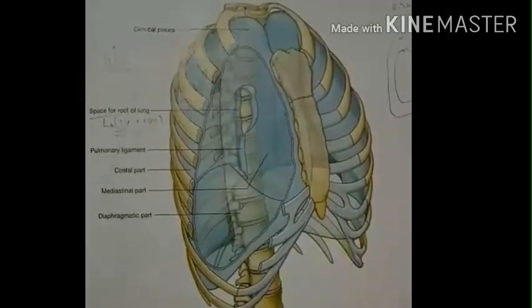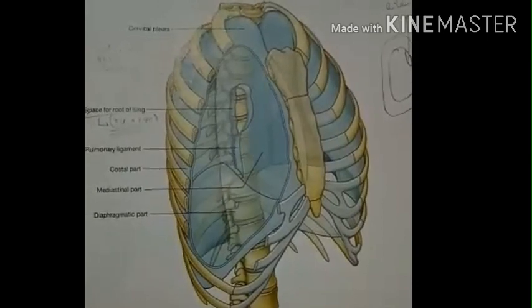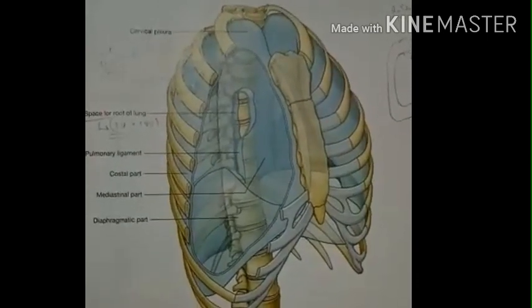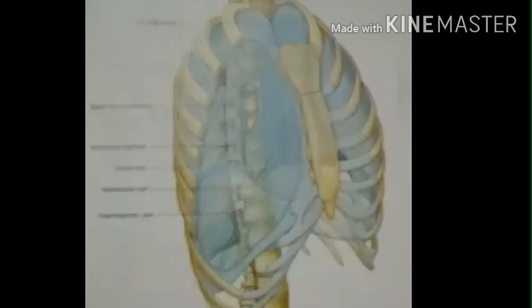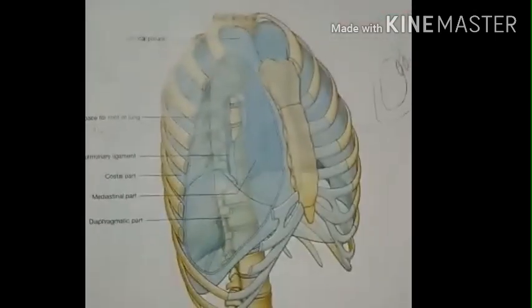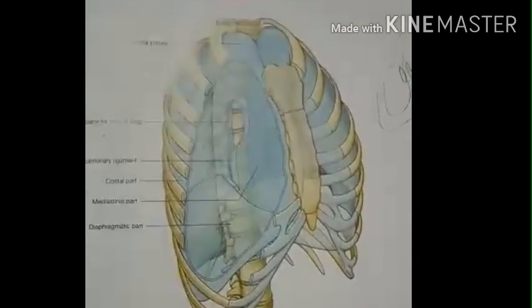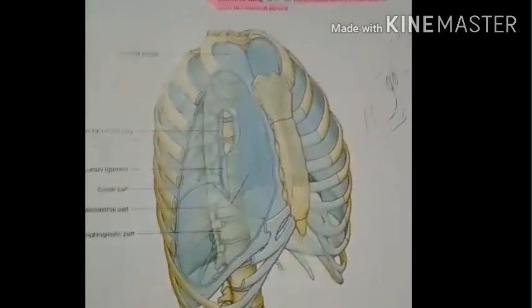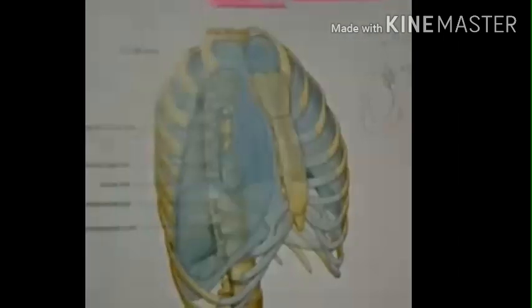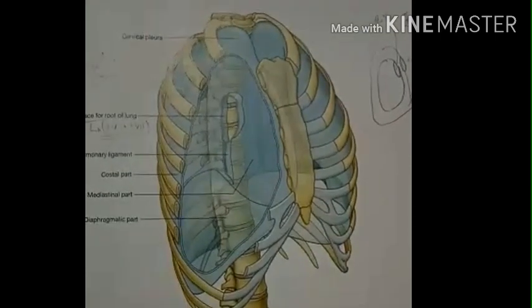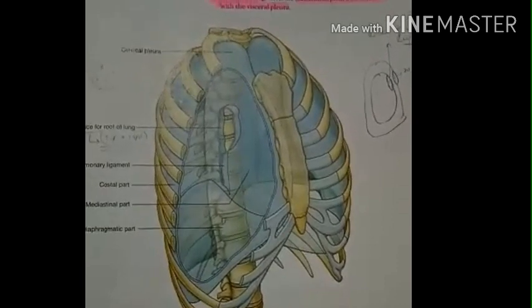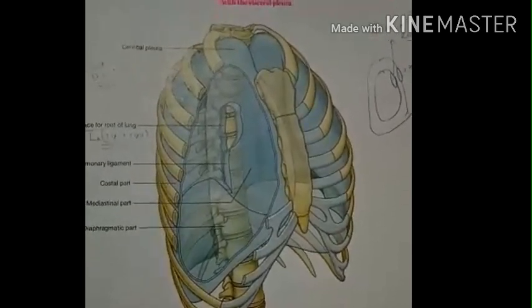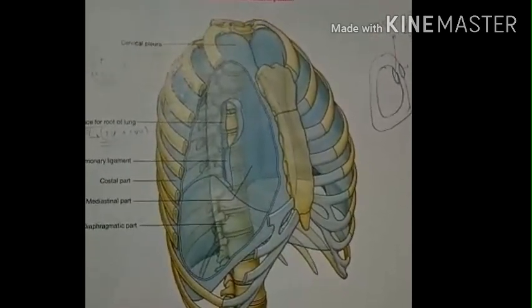We will discuss something that lines the lungs and protects us from any frictional damage to the lungs. Yes, you are right. We will talk about the pleura. We have two parts of the pleura: one is parietal pleura and the other is visceral pleura. The parietal pleura lies outside, between the ribs and the lung.